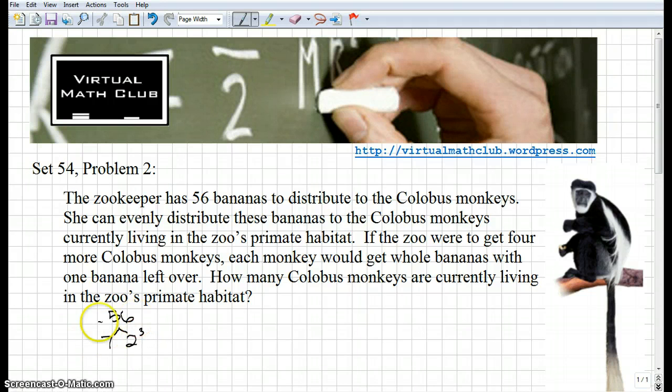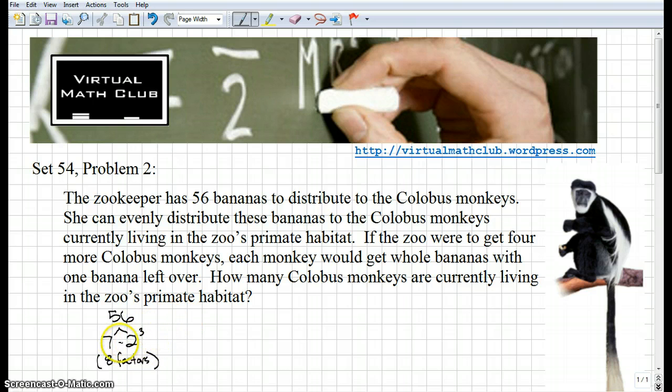And based on this, I can tell that we have 8 factors of 56. 8 factors, or 4 factor pairs. The reason I can tell that is that every factor of 56 has to have some factor of 7. Now, it might be 7 to the 0, which is 1. It has to have some factor of 7 and some factor of 2.